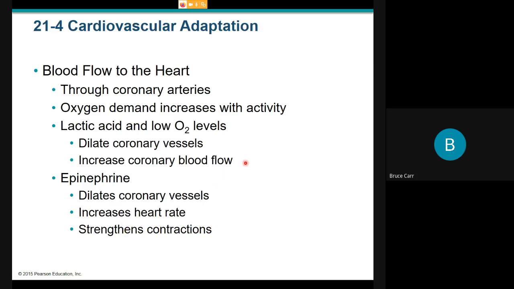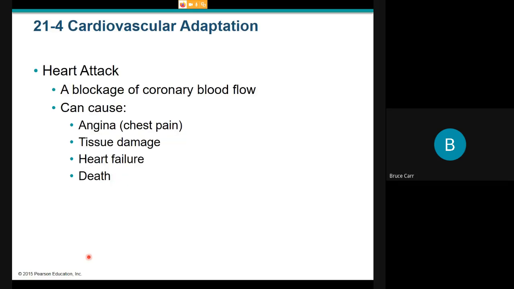We have made note of what happens when you block blood flow to a portion of the heart, and of course that's some kind of cardiac event. Heart attack is a blockage, and it can be progressive. If you experience a minor blockage so that a section of the heart wall goes anaerobic, lactic acid is being produced, it can result in a pain effect.